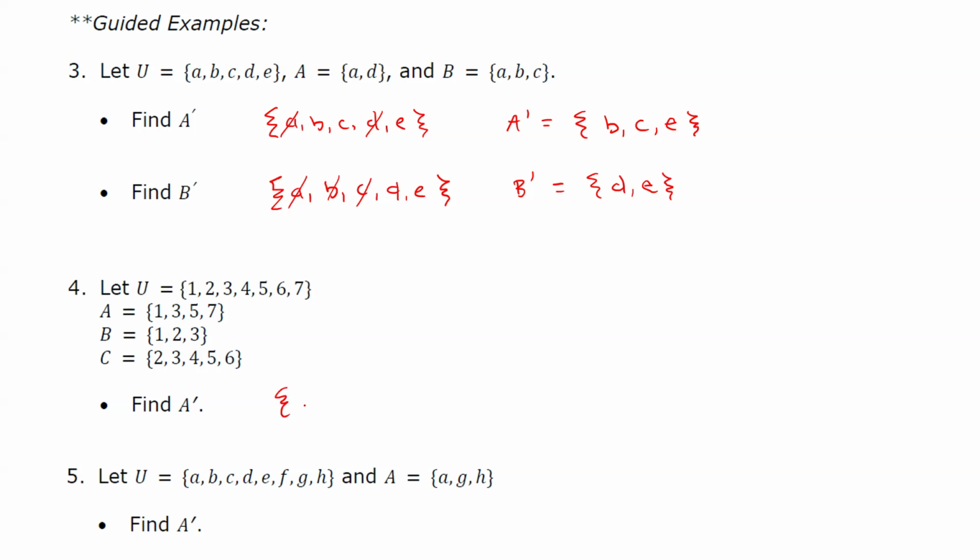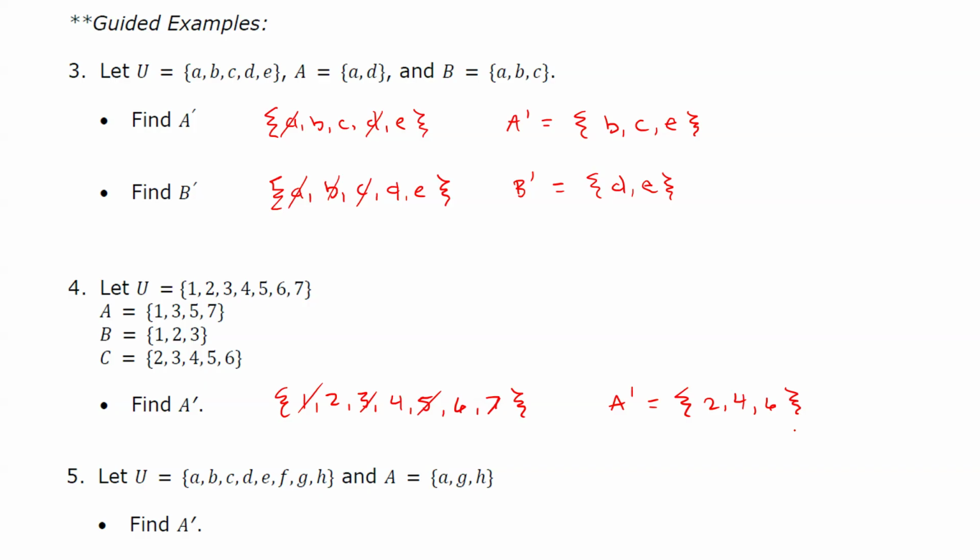So our universal set are the numbers 1 through 7. Set A contains the numbers 1, 3, 5, and 7. So the complement would be the elements 2, 4, and 6.